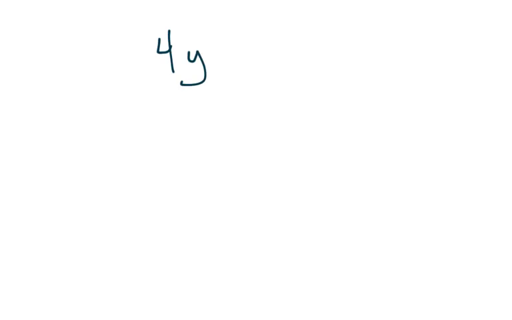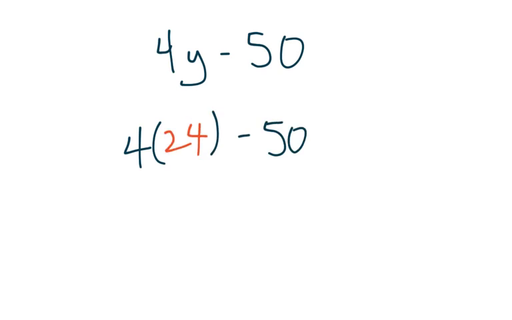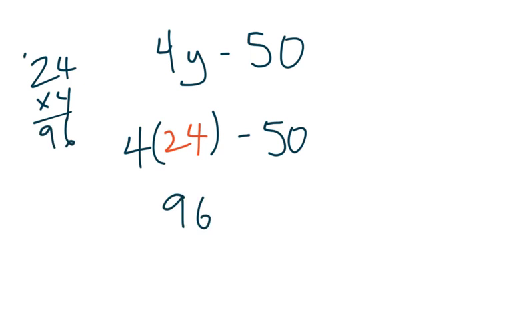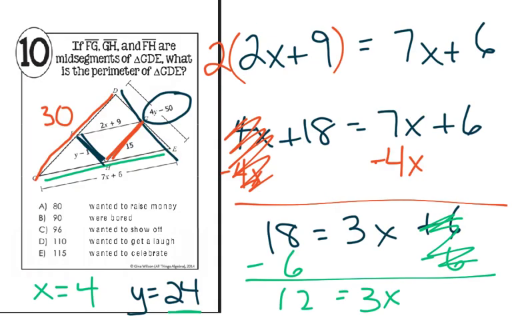So it was 4y minus 50, and y was 24. You can use your calculator for this. I'm just going to do it manually, but 24 times 4 is 96. 96 minus 50 would be 46. So we know what the black side is now.